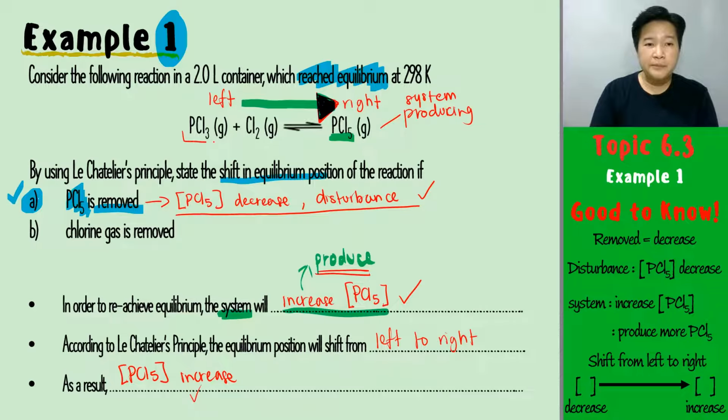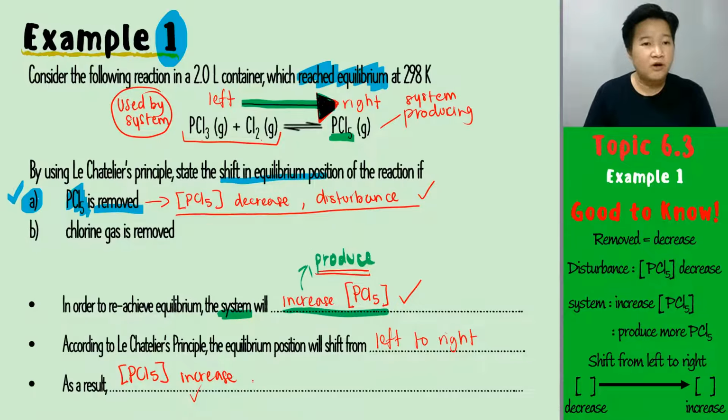But how about PCl3 and Cl2? We are moving from the left to the right. Your equilibrium position is shifting from the left to the right. Can you see that? Since we are shifting from the left to the right, your PCl3 and your Cl2 are used by the system to produce your PCl5 just now. So when they are used by the system, what happened to the concentration?